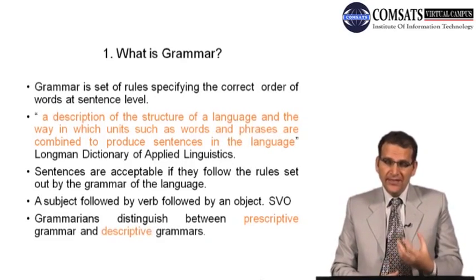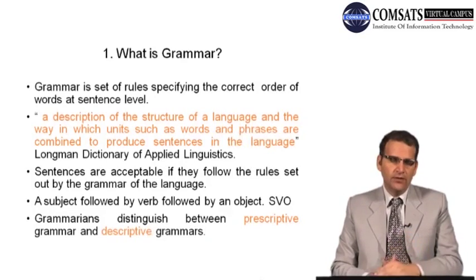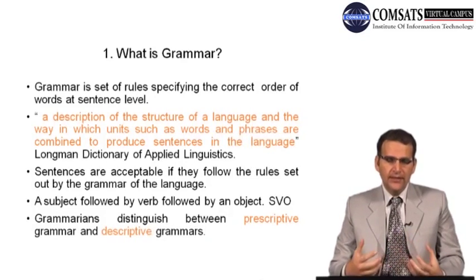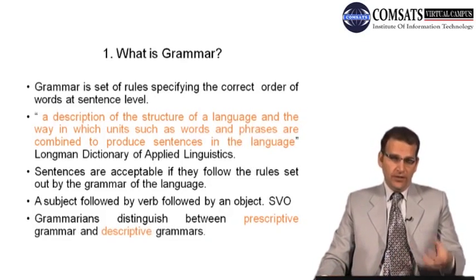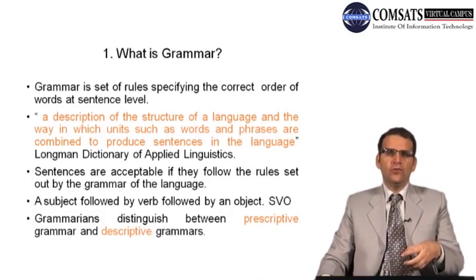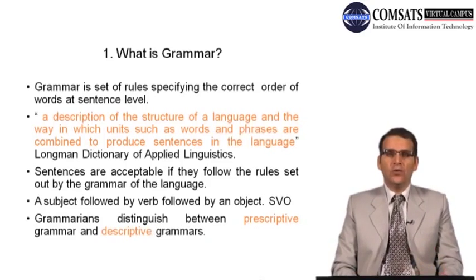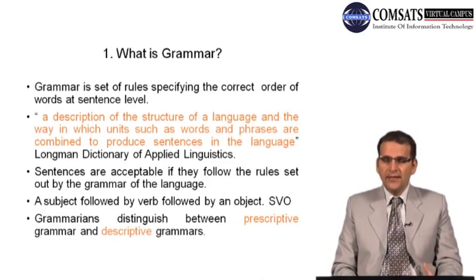So now, sentences are acceptable if they follow the rules set out by the grammar of the language. If a sentence follows a rule, of course the rule of the grammar of that language, we will say that that sentence is an acceptable sentence.